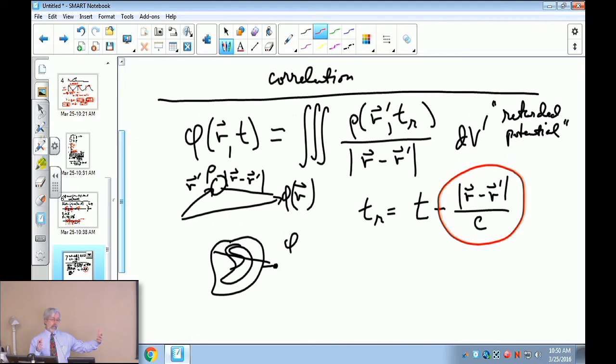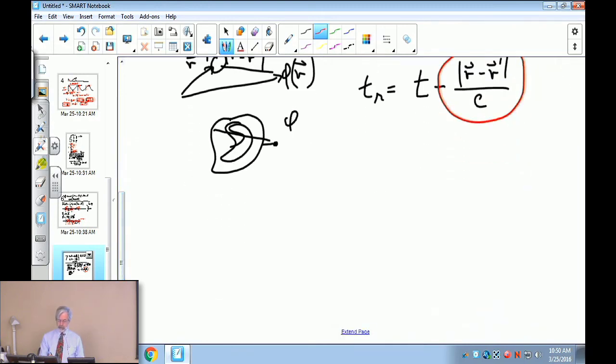And that's okay if you're dealing with small enough distances, and the changes in the source are slow enough that you don't have to worry about the propagation. So that's what we were doing before in electrostatics. So that goes back to the electrostatic solution as we got before.